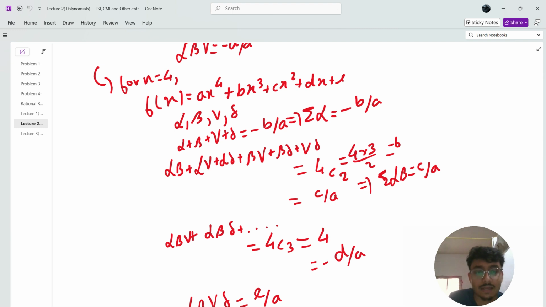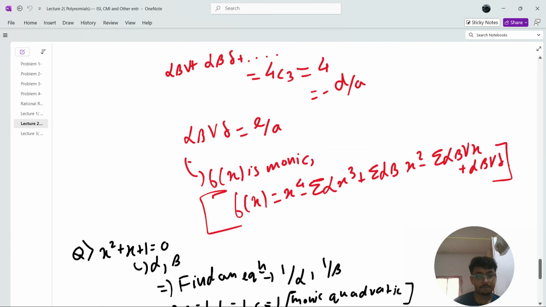Next, alpha beta plus beta gamma and so on, that is summation alpha beta, which is c by a. Then comes alpha beta gamma plus alpha beta delta, which is ultimately 4 terms, and becomes minus d by a. That is the sum of the roots taking 3 at a time. And then comes the product, which is alpha beta gamma delta.